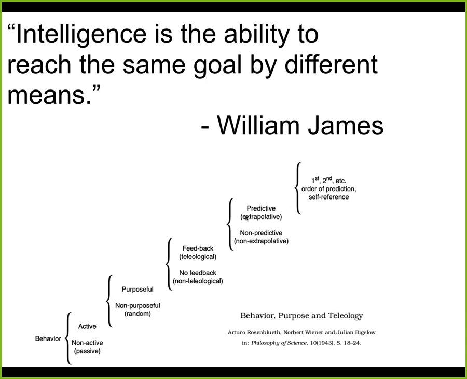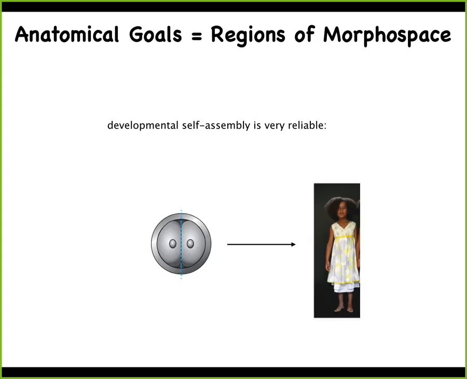The point is to benefit from ideas in behavioral science, cybernetics and computer science, to understand how we deal with and engineer systems that are not necessarily down here, but might actually be at higher levels on this hierarchy. And by the way, for many of them, we don't know where they are on the hierarchy, which means we need to find out. So let's look at anatomical kinds of behavior, or morphogenesis.